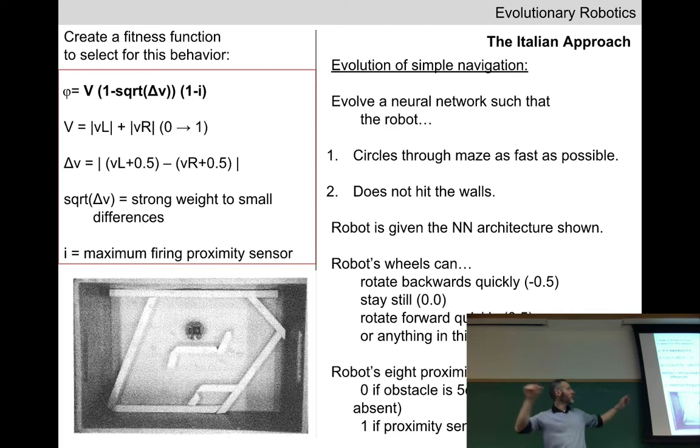Later on, if you already have a good delta v and you make a bit more of an improvement to delta v, you're at the shallower part of the square root curve. You get less of an improvement. There's diminishing returns here. So by wrapping that term in a square root function, they're telling evolution, make rapid improvement in the differential, and then we don't care so much later on.